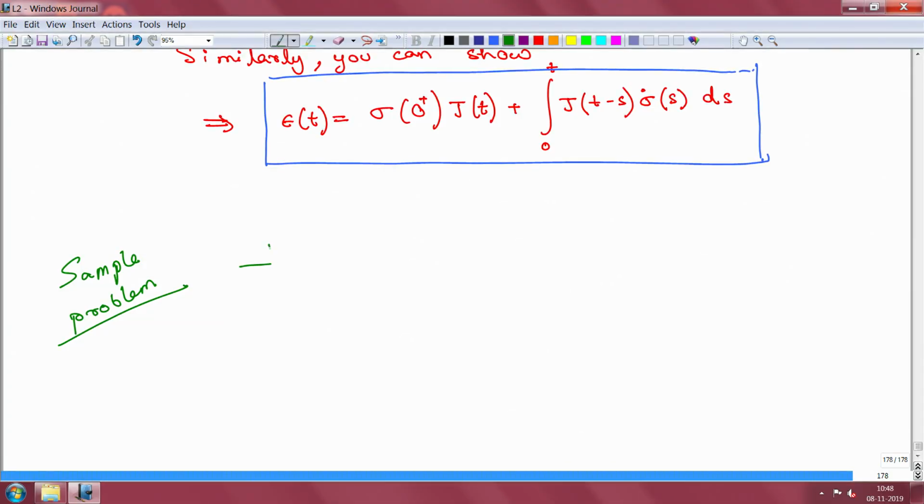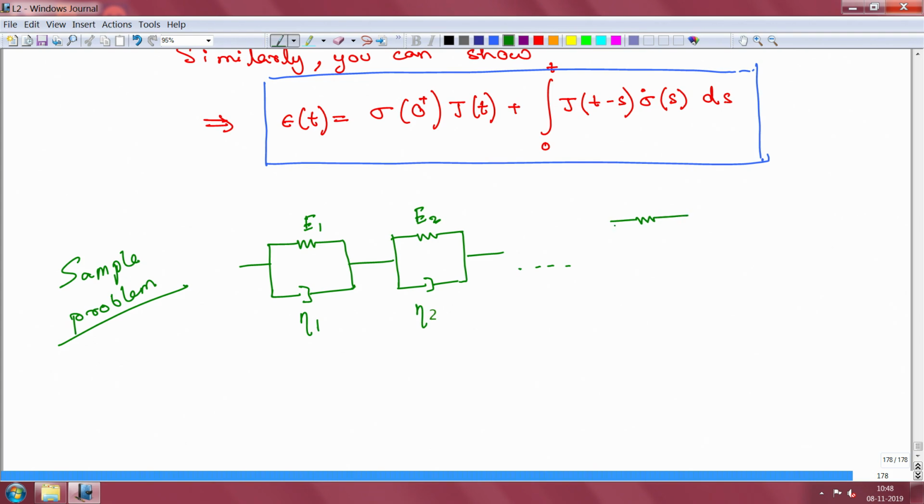So, let us ask ourselves: if you have n Kelvin-Voigt models, and this goes all the way till n, so this is eta 1, E 1, this is E n, eta n, and let us say there is a last spring there. So, you have n Kelvin-Voigt models and you have one spring.